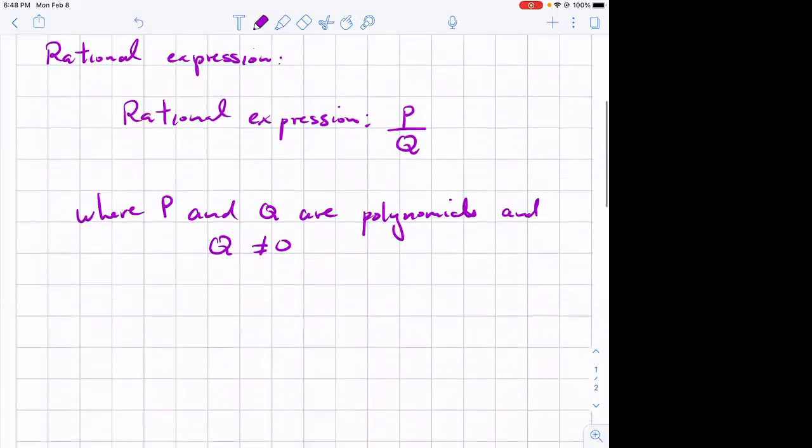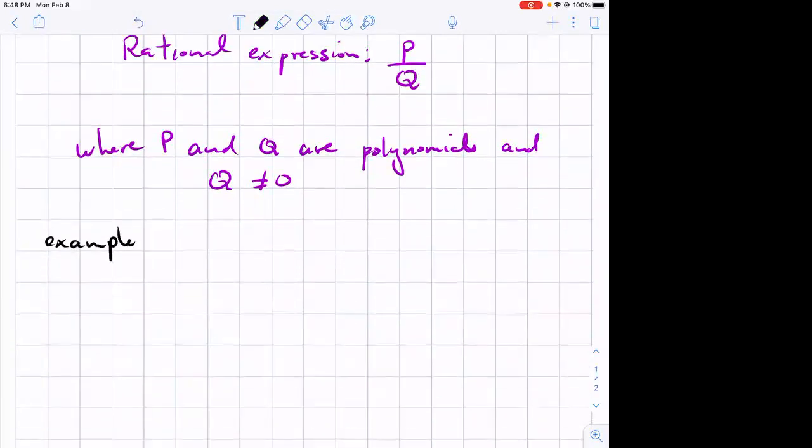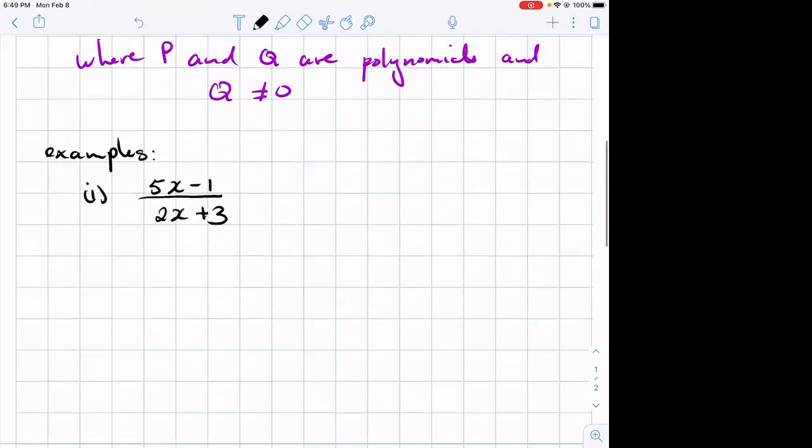So some examples, right? We have, for example, 5x minus 1, that's a polynomial, and if we divide that by some other polynomial, 2x plus 3, this is one example of a rational expression.